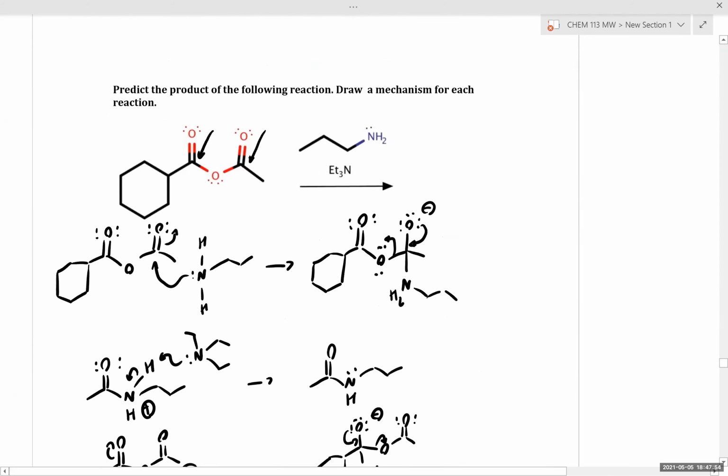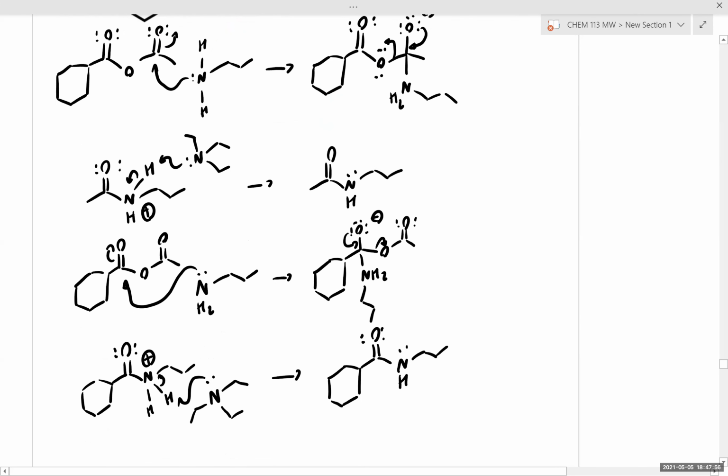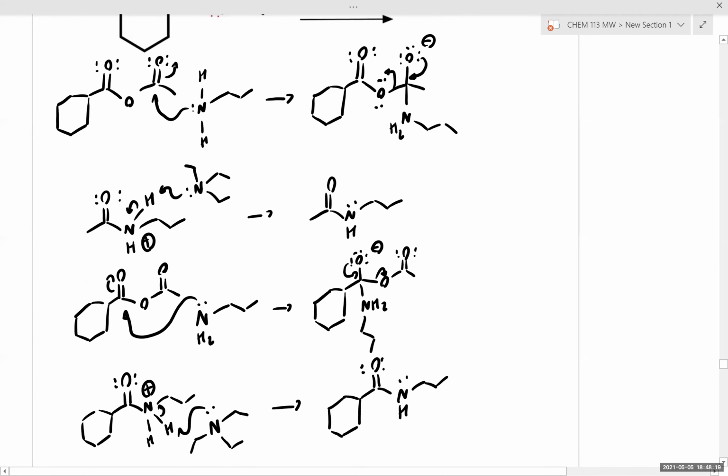Any other questions on this example? So we've looked at alcoholysis and aminolysis of anhydrides to prepare esters and amides. Any other questions on this example? Sorry, I don't know if you touched on this. So for the first example, the cyclohexane portion, it just gets cut off?